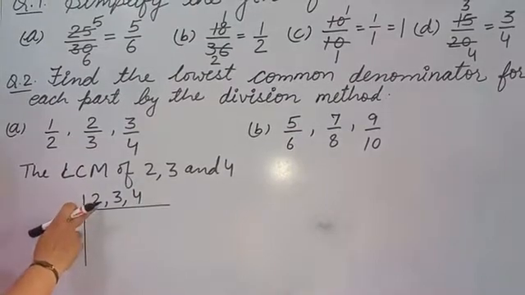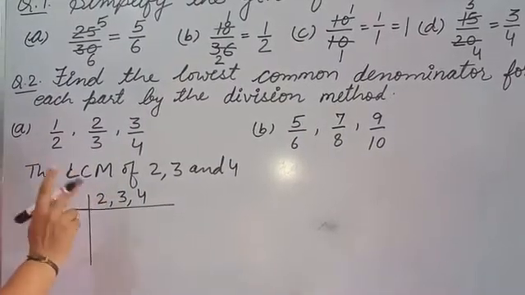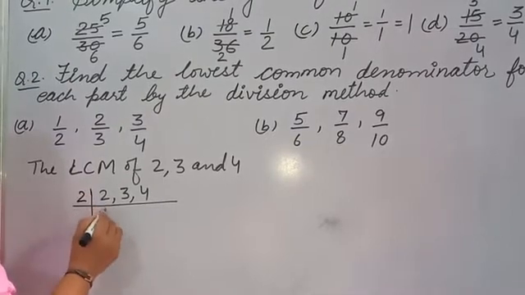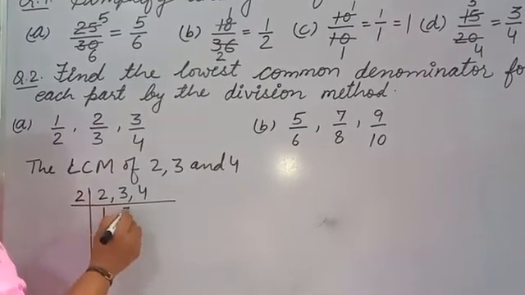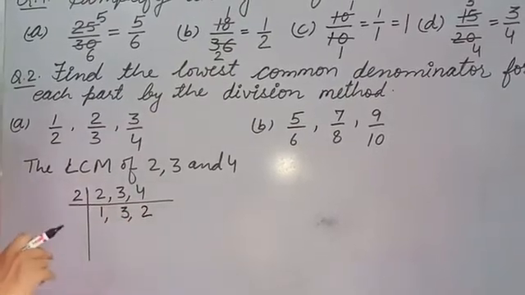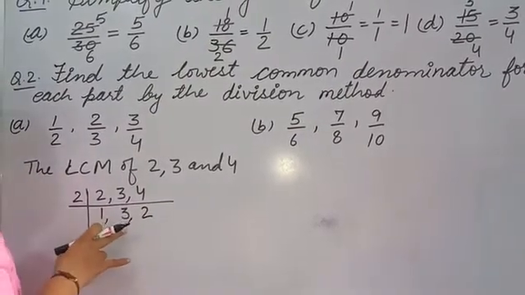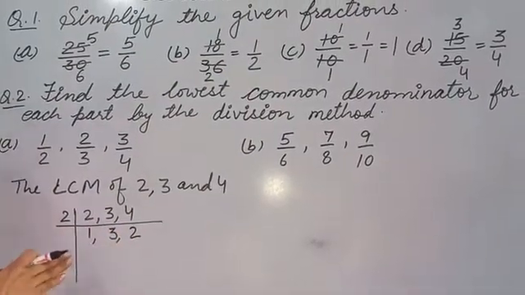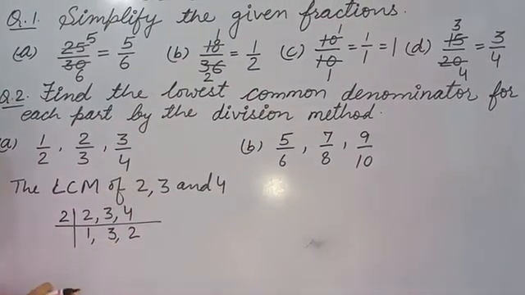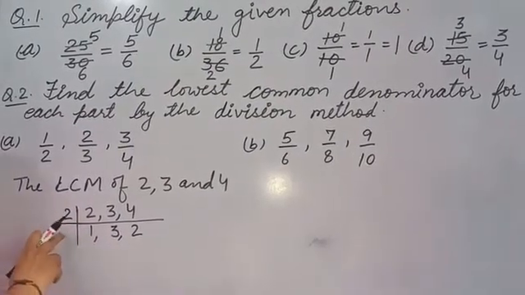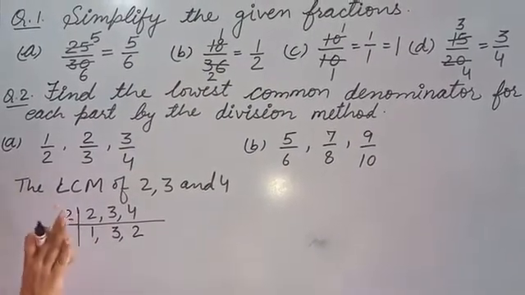Now we see that 2 and 4 both come in the 2 table. So we will choose 2 as a divisor. Now 2 ones are 2, 3 as it is because 3 will not come in the 2 table. 2 2s are 4. Now you can see that 3 is also a prime number, 2 is also a prime number. So we can leave. Now that means we have divided by all, because 2 and 3 will not come in a common table. So nothing common will be there. यहाँ पे कोई common नहीं आएगा.